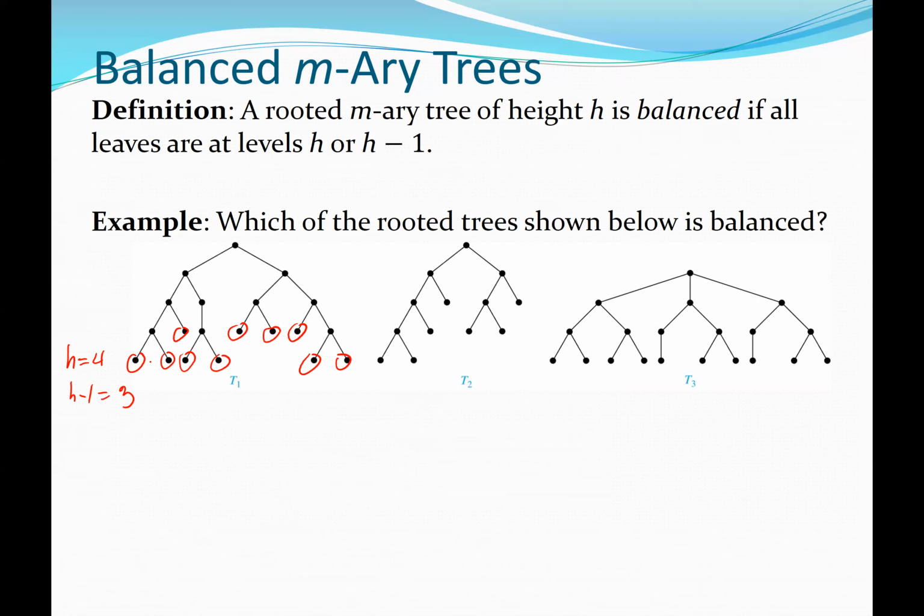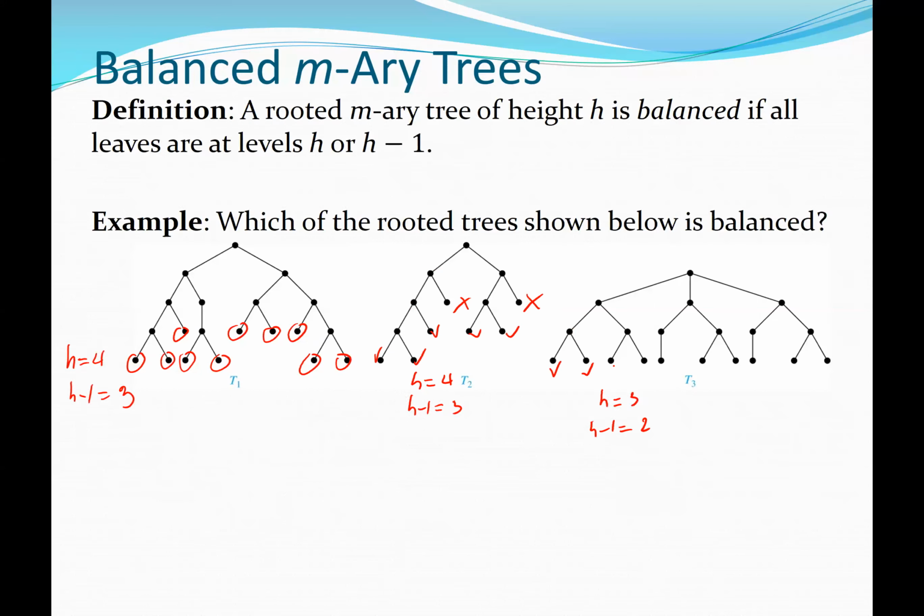All right, so again, 1, 2, 3, 4. So h equals 4 again, so h minus 1 equals 3. So good, good. That's 4, right? And good, good, good. But this one is no good. So this T2 is not balanced. For this one here, 1, 2, 3. So h equals 3, or h minus 1 equals 2.